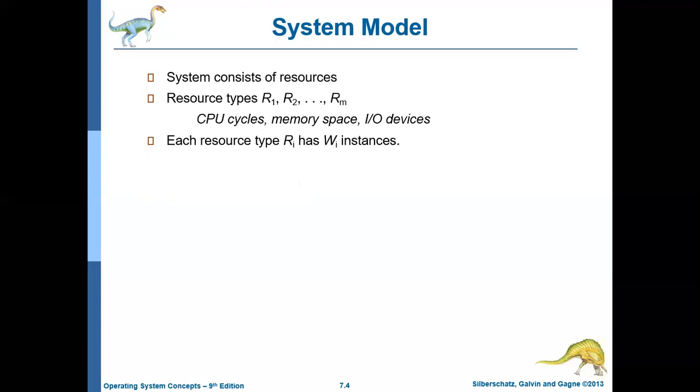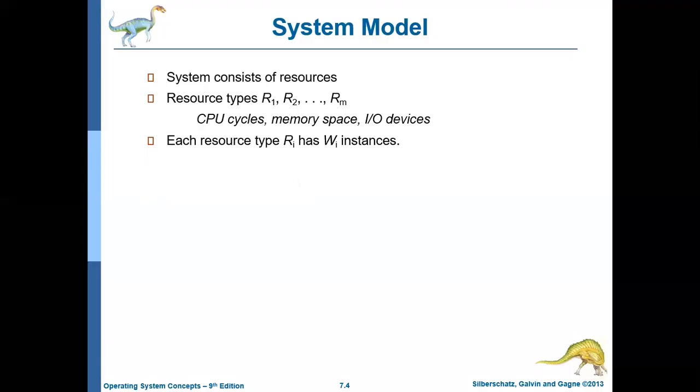and each resource may have more than one instance. Okay, it is not that all resources should have only one instance. That depends on the situation or the computer you are using. Sometimes a resource Ri may have Wi instances, and this Wi may be equal to one or it may be more than one also.